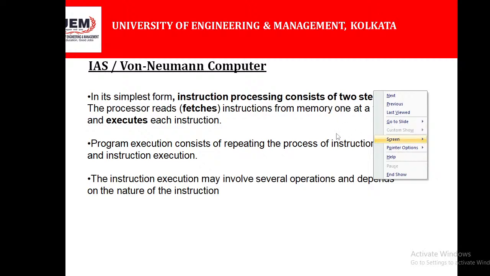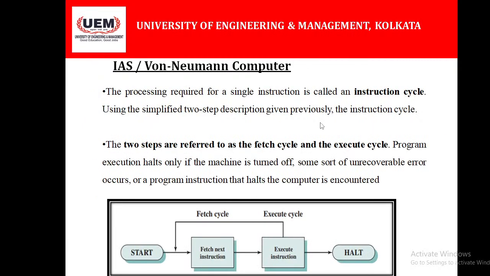So when we go through this step by step process, there will be two steps. One is the fetch, another is the execute, okay. In another case we have fetch, decode and execute. Now this cycle is known as the instruction cycle, okay. The process required for a single instruction is called the instruction cycle.